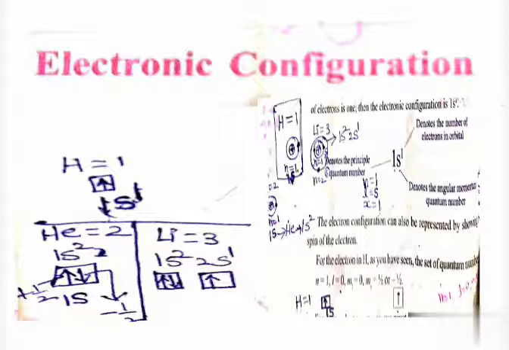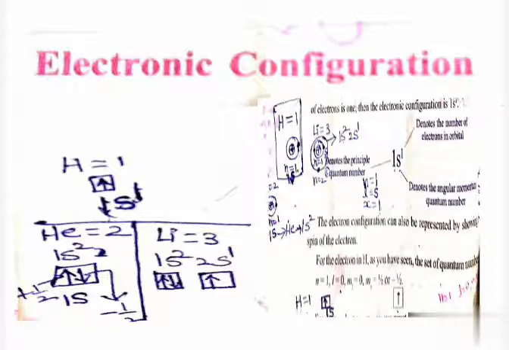Here the NLX method is there. N means principal quantum number, which explains the main shell. So this hydrogen will occupy which shell? The N equals 1 shell. That's why in place of this N, write 1.